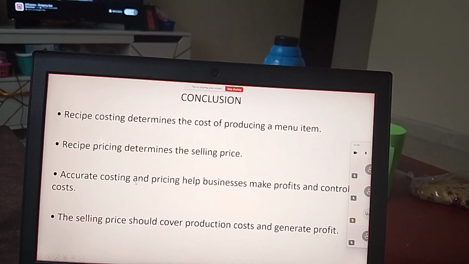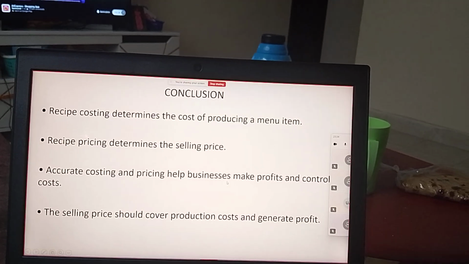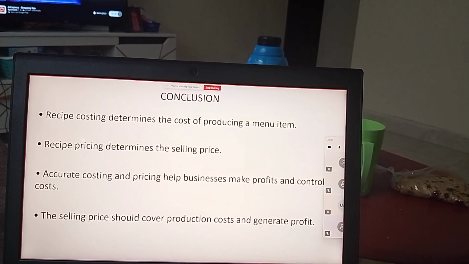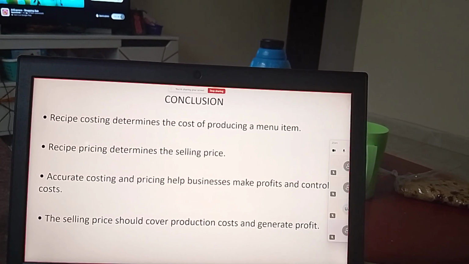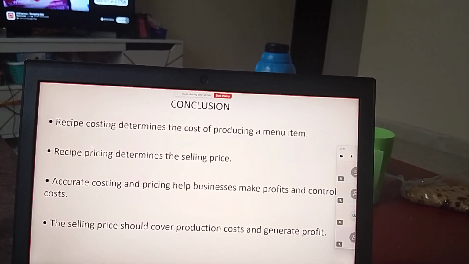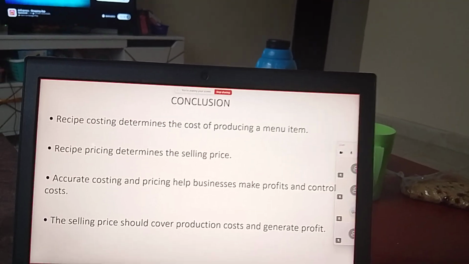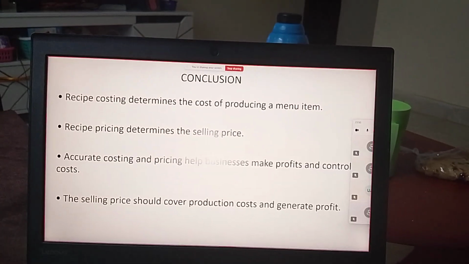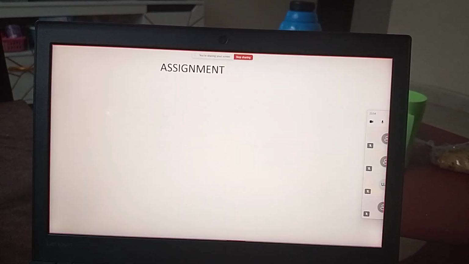You're able to calculate costing and pricing to help your business make profits. You're able to determine an accurate selling price, whereby you generate the desired profit and recover the amount you have used in producing that particular dish. So thank you for listening.